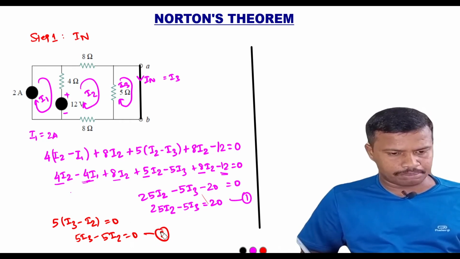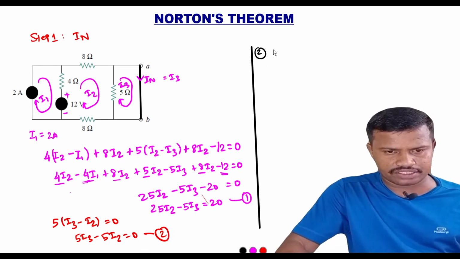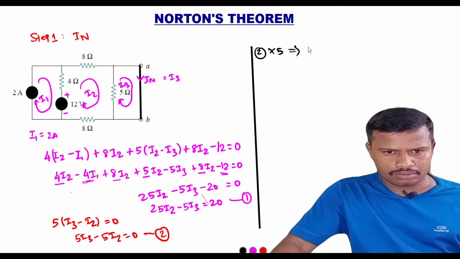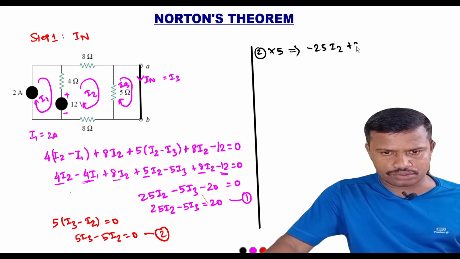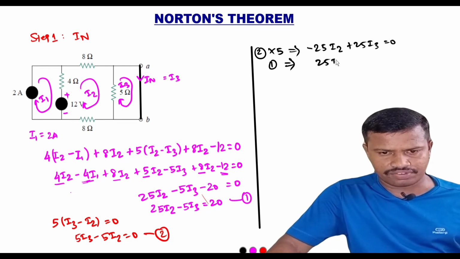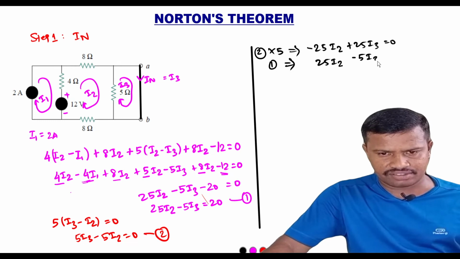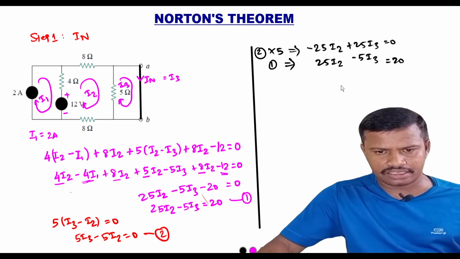For simplification, we will multiply equation 2 with 5, then the equation becomes minus 25I2 plus 25I3 is equal to 0, and equation 1 we can write directly as it is: 25I2 minus 5I3 is equal to 20.